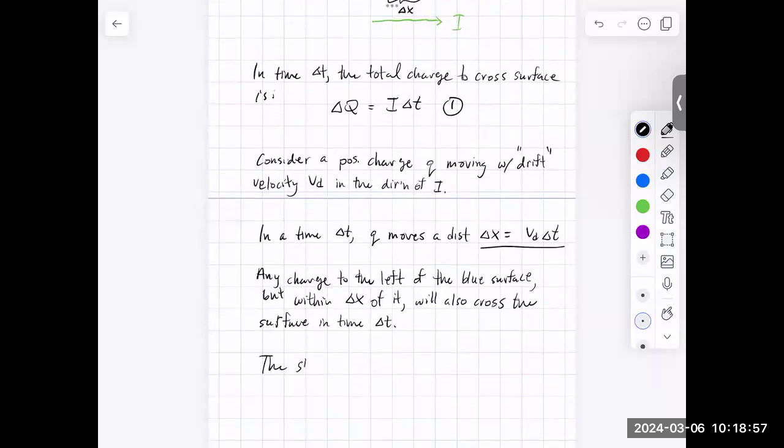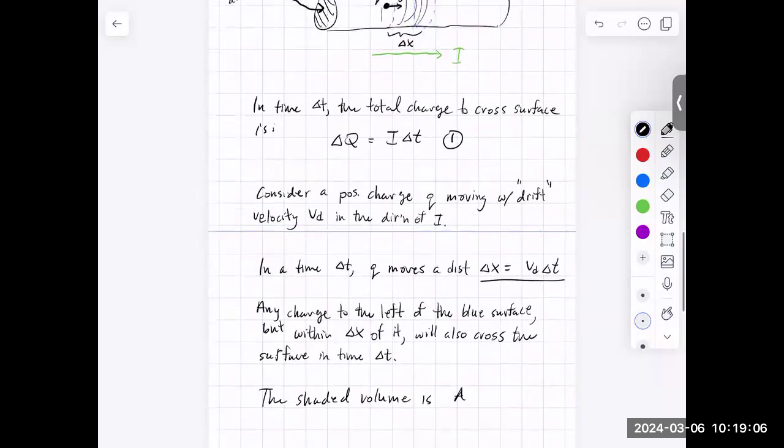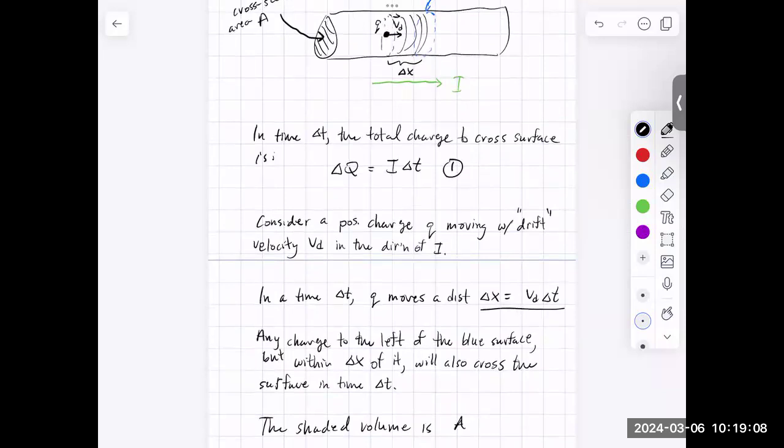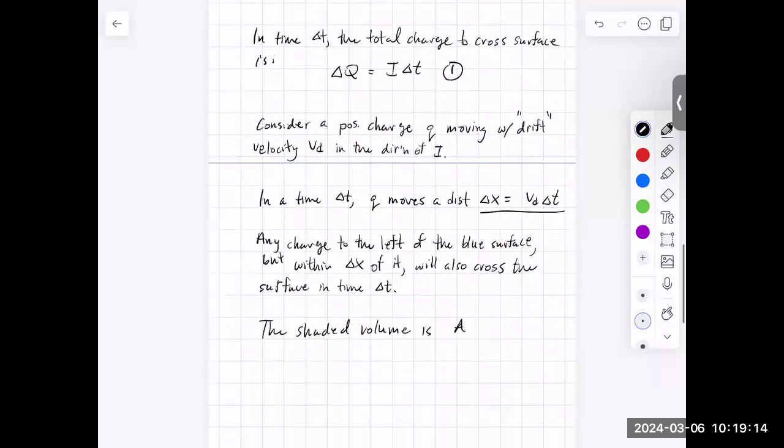So the shaded volume is the cross-sectional area of the cylinder, which we labeled A, times the length, which we've labeled delta X. So that shaded volume is A times delta X. One property you could look up for different conductors like copper, aluminum, tin, or whatever other metals you can think of, is the number of mobile electrons per unit volume.